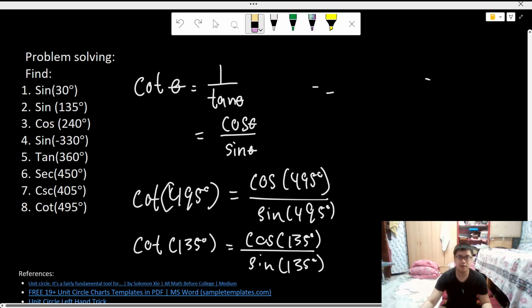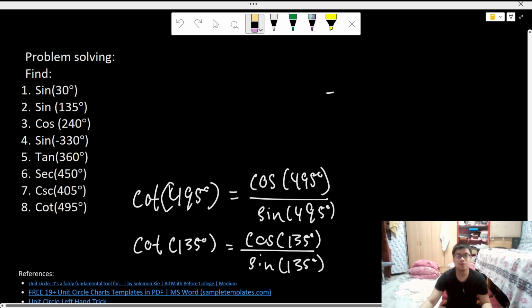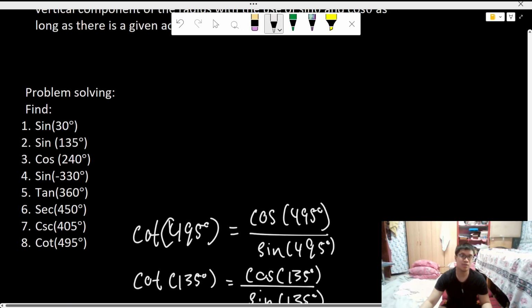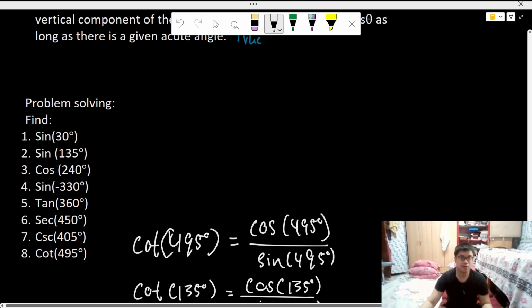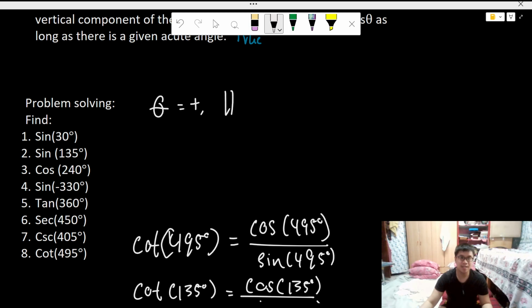Let me erase this one. All right? Since we're done recalling this one, where is 135 degrees located? It's actually in the second quadrant. First and foremost, the angle is positive. Okay? Second, it's located in the second quadrant. How would you know again if the angle is in the second quadrant?